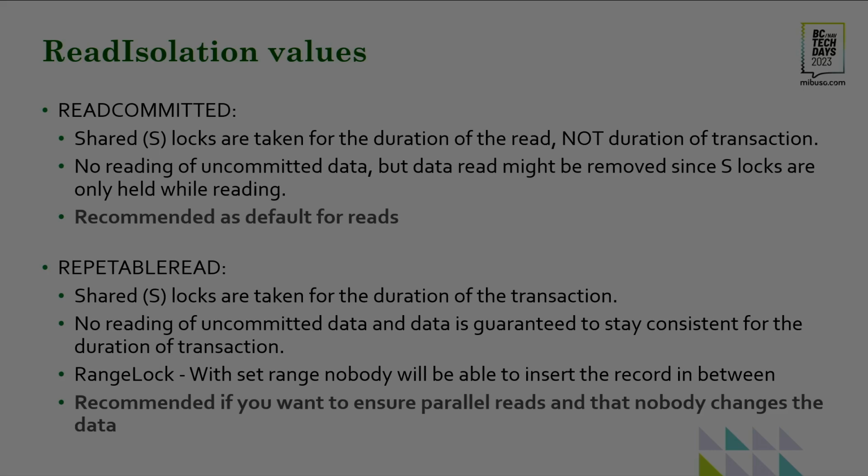So it's a nice way to say, okay, I want some kind of guarantees, and I want them not to lock people too long. I think this is really the best option you have, and it is also what we recommend if you're using read isolation, to give good guarantees without locking people. Yes, in some cases you may need to use read uncommitted. We'll show you an example a little bit later.